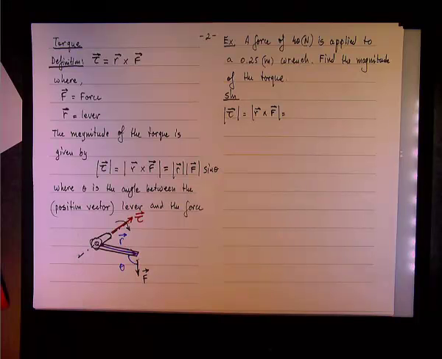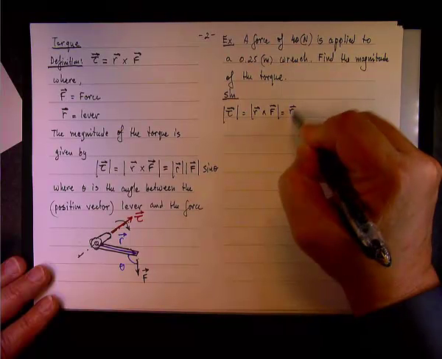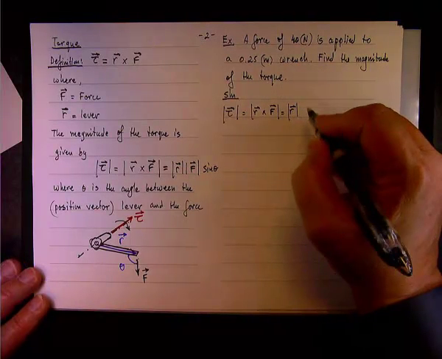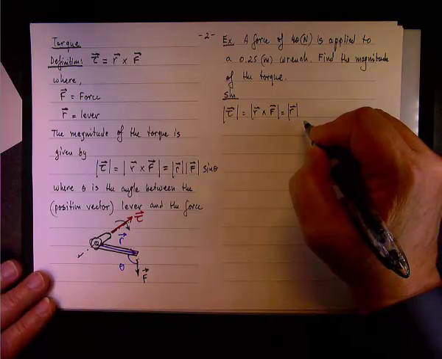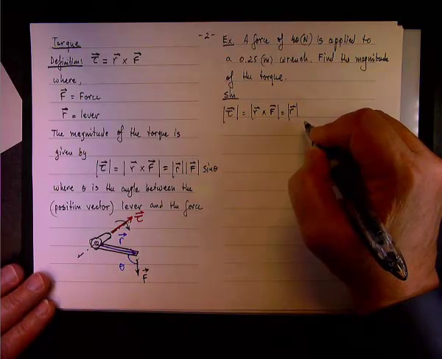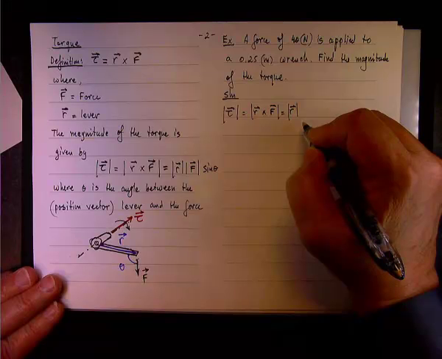Well, the magnitude of the torque is R cross F. Since we don't have the vectors, we don't have the direction numbers or the components of the vector, and all we have is a magnitude, we have to use the magnitude formula.